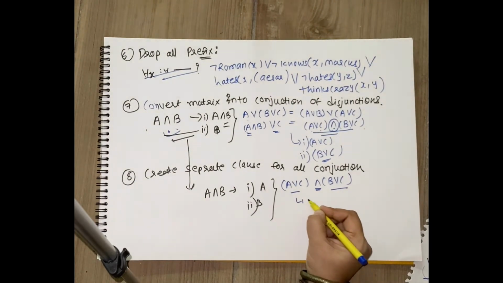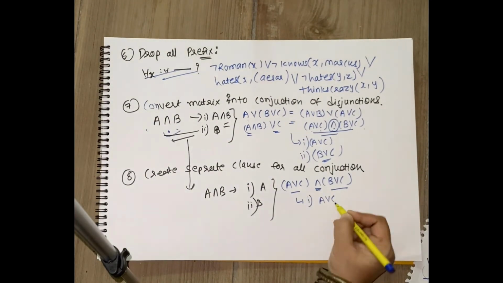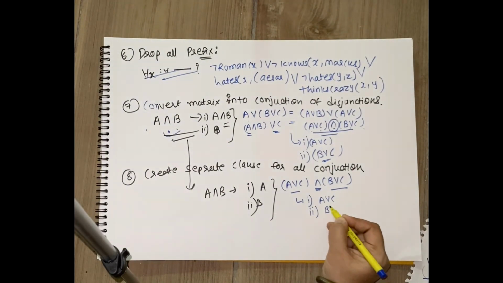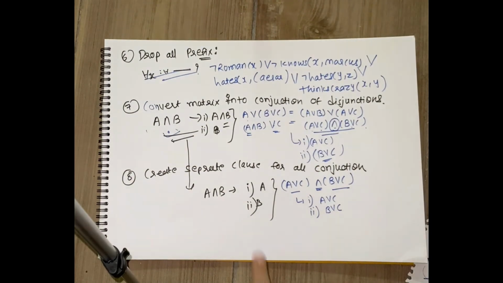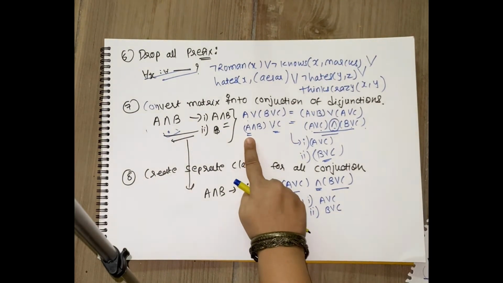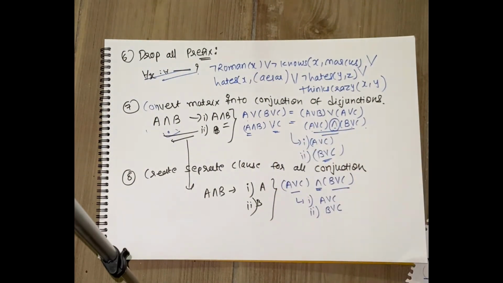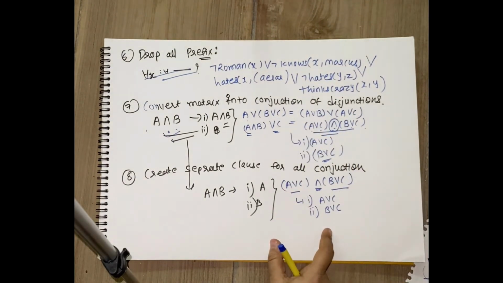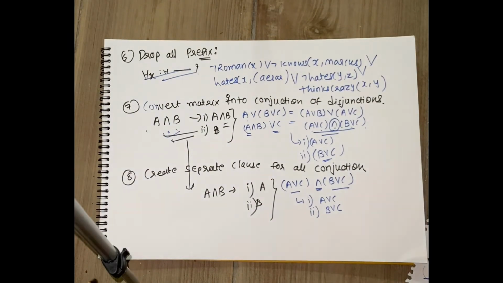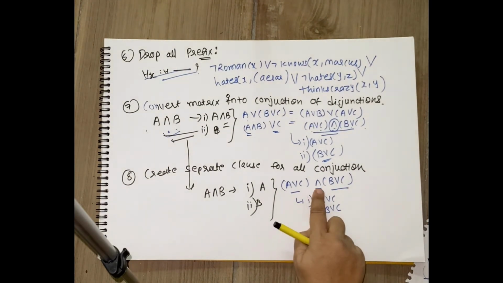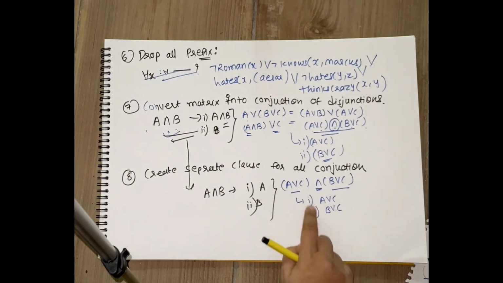So this will be converted as, the first one is A or C and the second one is B or C. So the first step is to apply associative and distributive properties so that you have all the disjunctions as clauses with conjunction in between. After applying that, as the 8th step, all those disjunctions which are joined with conjunction should be separated and considered as separate clauses.